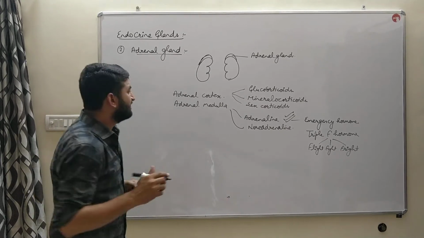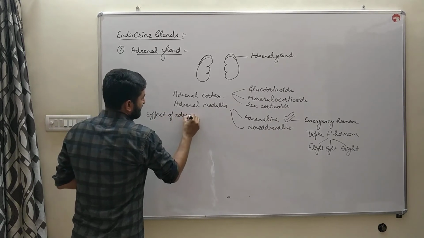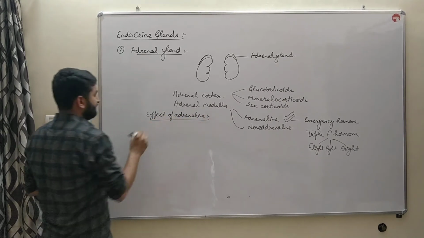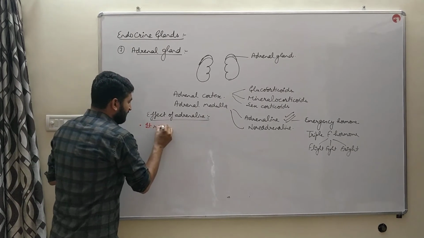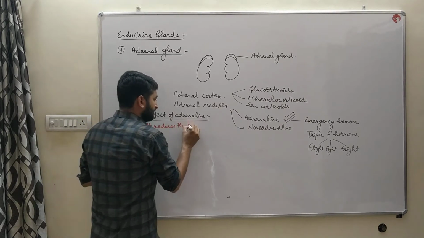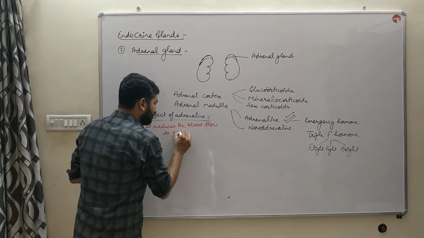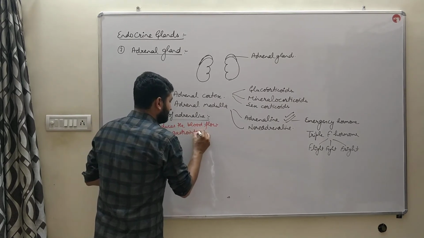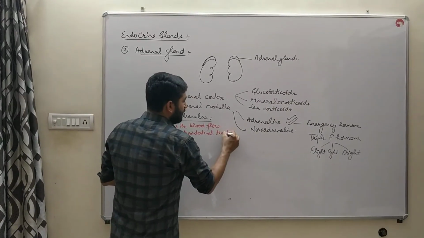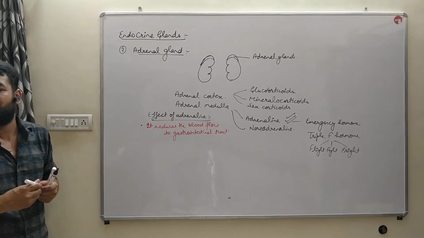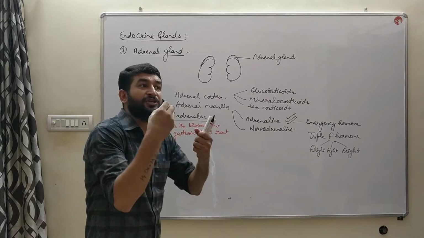What is the effect of adrenaline on our body? What is the function of adrenaline? It reduces the blood flow to the gastrointestinal tract, the tract which requires a large amount of blood, and during emergency condition that tract does not require blood in that much regular amount, so the blood is substantially reduced to that region.